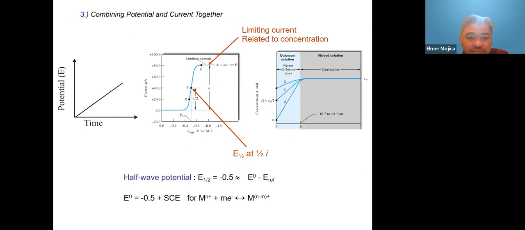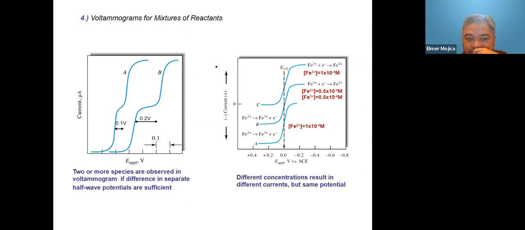And if you combine both the potential and the current together, this is what you will get, how it looks like. So this is if you have voltammograms of a mixture. So ibig sabihin may dalawang species ka doon. And usually these two species, they would have different what? Potential. So makikita mo, yung isa, tataas yung current at a certain potential, and that's different from that one.